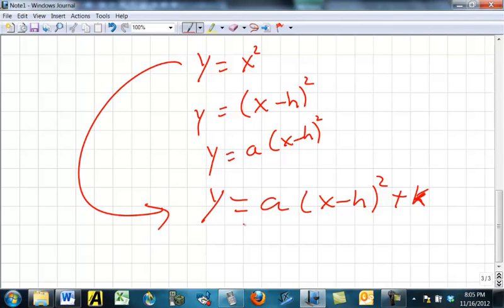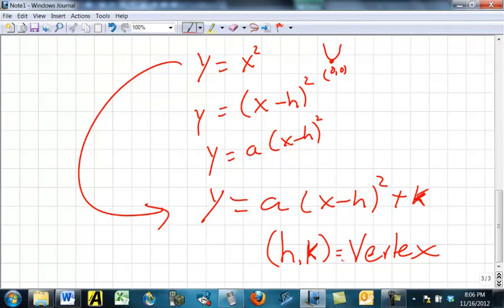And you also notice that the key point here was 0, 0, and it gets translated, shifted, whatever happens to it, to the new point, which is going to be h, k. So h, k is going to be our local extremum, which we call a vertex. So that's going to be the new vertex.